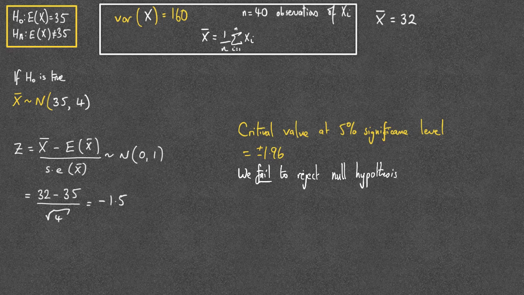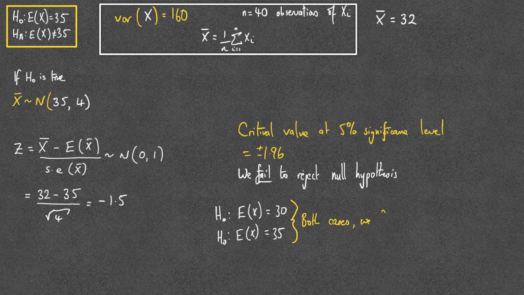So we've just seen that we've tested two null hypotheses. We've tested the null hypothesis that the expectation of x is equal to 30. We've also tested the null hypothesis that the expectation of x is equal to 35. And based on this sample mean that we've got, with all of the other data remaining exactly the same, in both cases we failed to reject the null hypothesis.